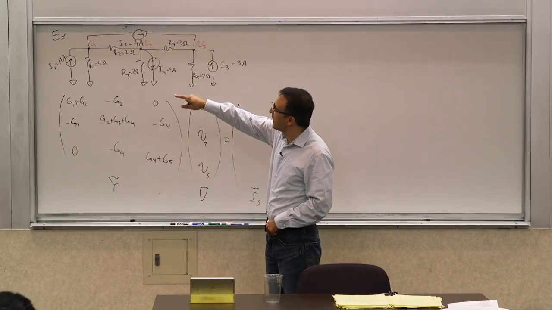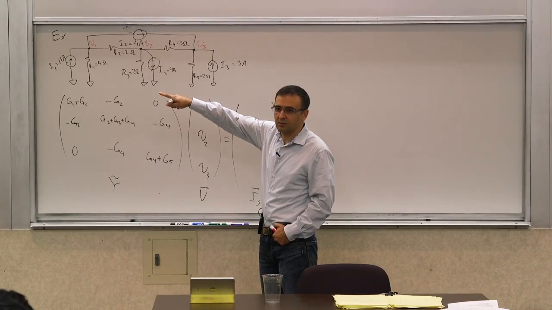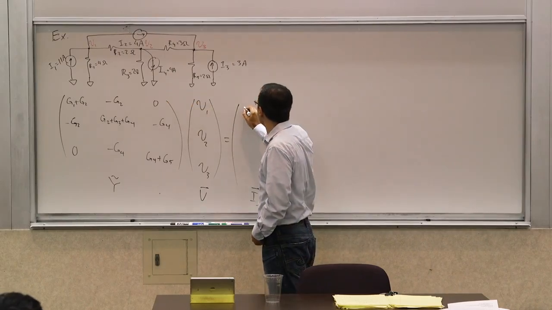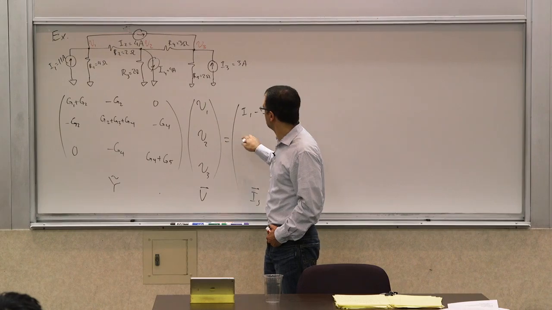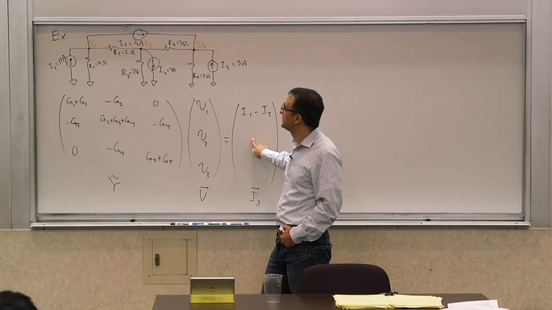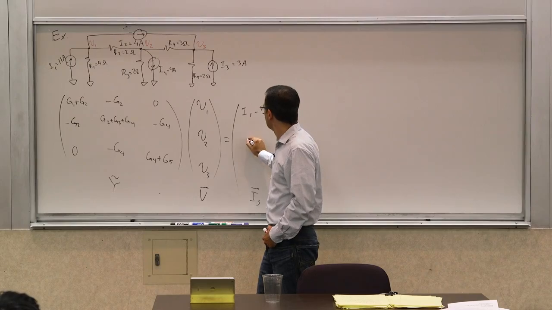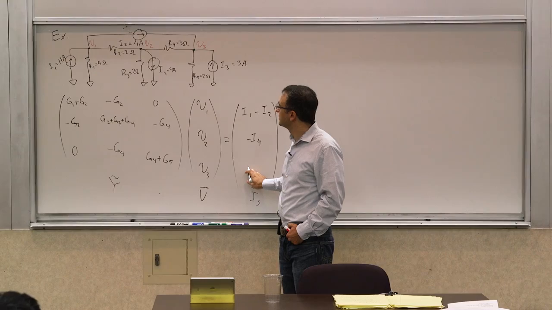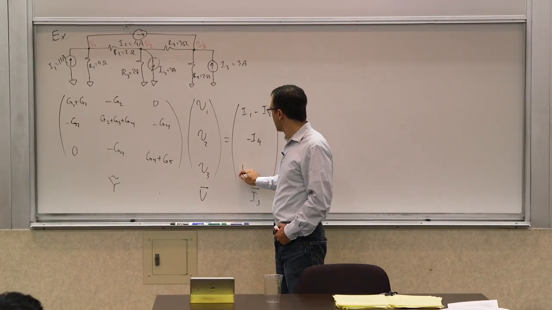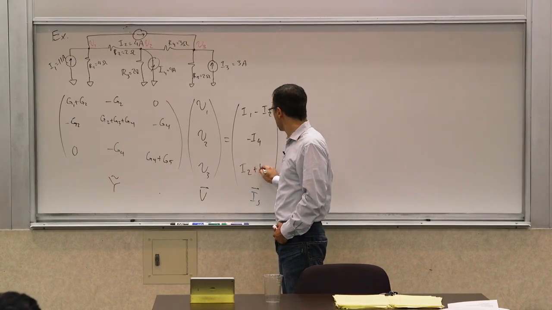Specify it in terms of parameters for now. I1 minus I2. Exactly. And then the second term? Negative 4, exactly. And then the last one? I2 plus I3. Thank you.